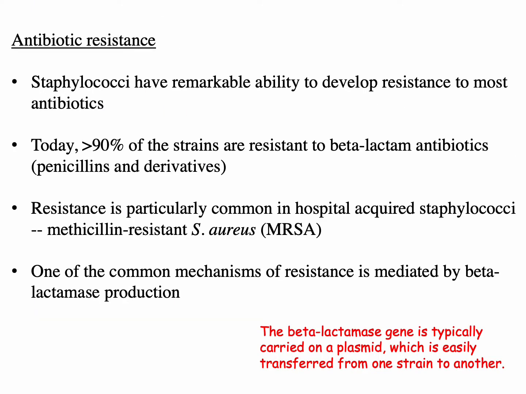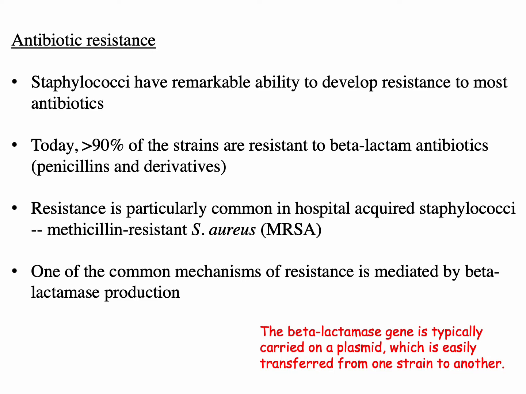So when we talk about Staphylococcus, we cannot avoid talking about antibiotic resistance, because Staphylococci is probably one of the well-known organisms that are resistant to antibiotics. So they are known for their ability to develop resistance to most antibiotics.